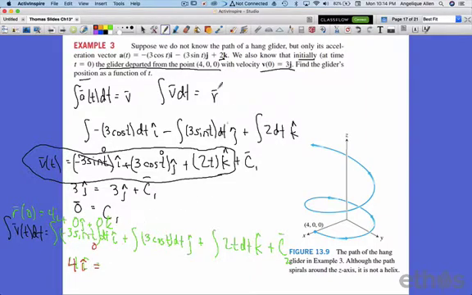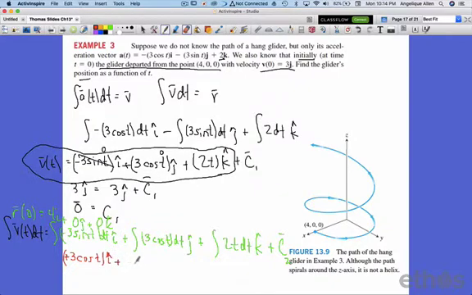Oh, actually, I didn't do the integration yet. That would help. Jumped ahead in my notes. Okay, so negative 3, the antiderivative of sine is negative cosine t. There's my i component.